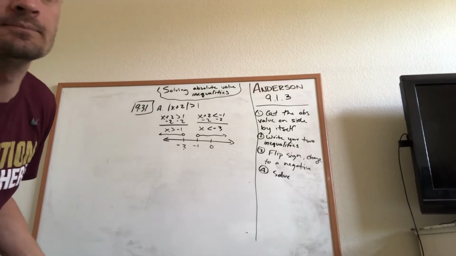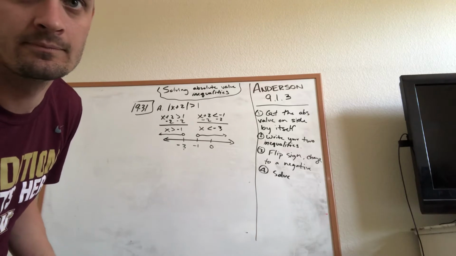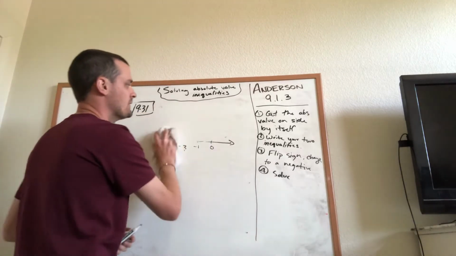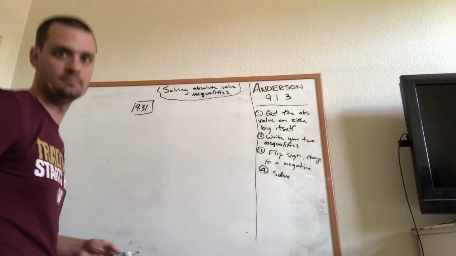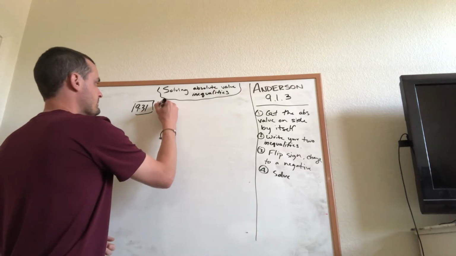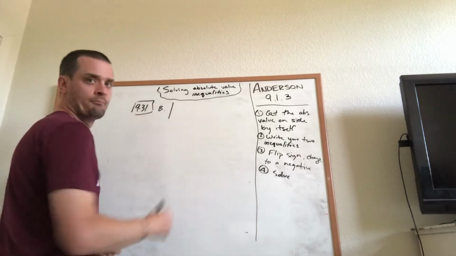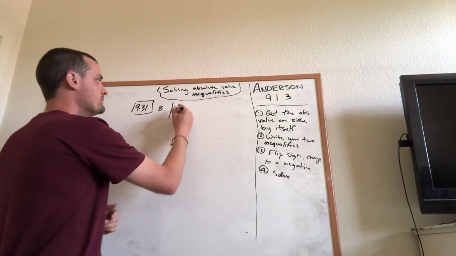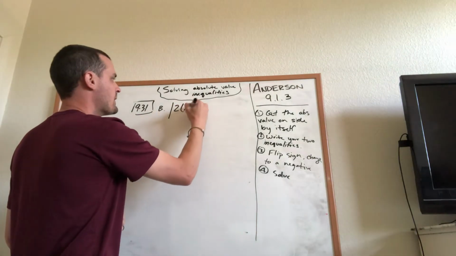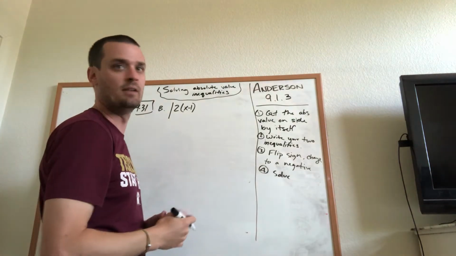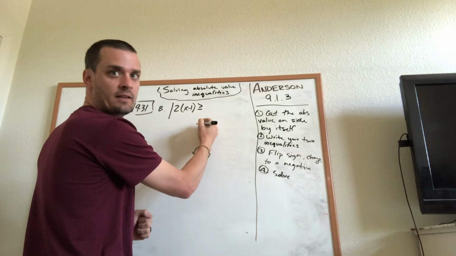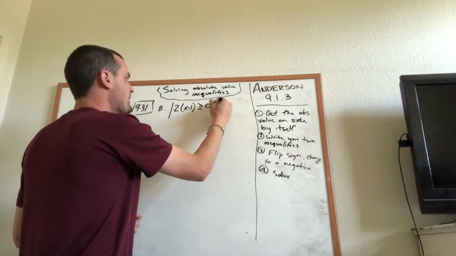B is awkward, but let's take a look at it. Absolute value of 2 times x minus 1 is greater than or equal to 0.